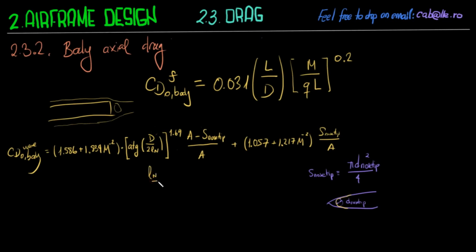This was another variable, right? This was the specific length of the nose, but non-dimensionalized with the length of the rocket, if I remember correctly. Yeah. This is the fineness ratio, with the diameter. Sorry for messing up.